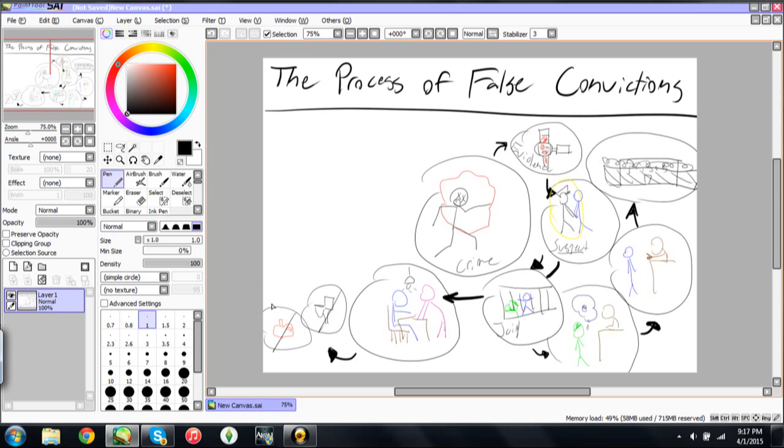And sometimes it actually comes to the point of actual physical harm. So, beatings. Let's draw a police baton for that. I think that's what a baton looks like. Oh well. So, those three things can escalate from that if our suspect still doesn't confess.